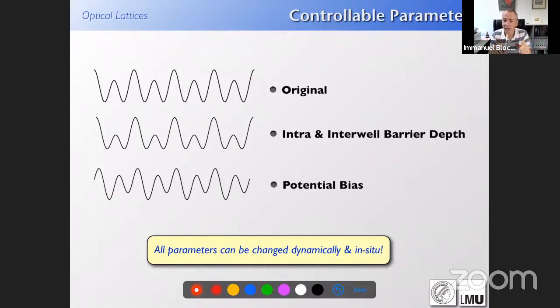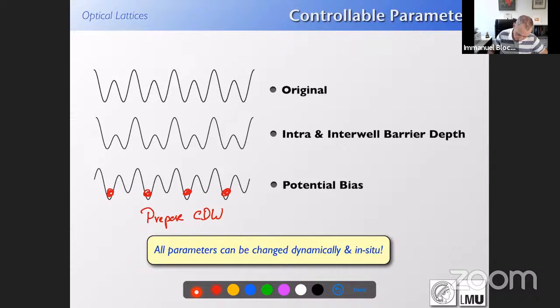So this is, of course, nice because this is, for example, a way how we can prepare the charge density wave. You can immediately see I can prepare the charge density wave in the following way: I load my ultracold atoms into such a potential where this is biased, where every second well is lower. So now all the atoms will go into these lower wells.